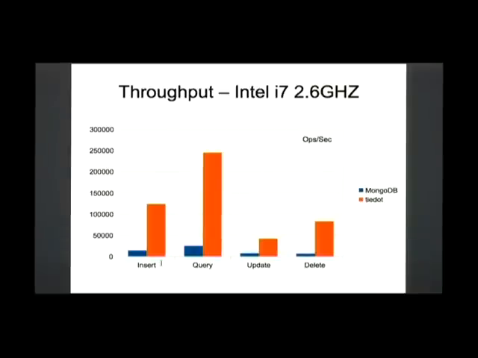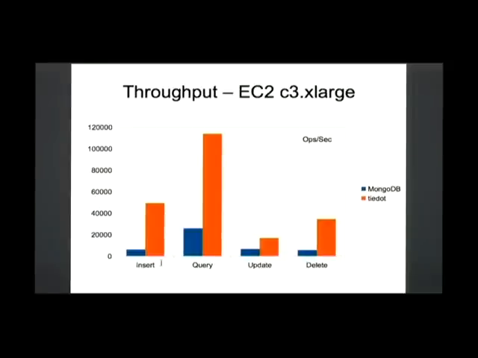Also, it supports parallel I/O operations on different partitions in a collection, which makes it reasonably fast. We performed similar tests on an EC2 instance, and tiedot still pretty much wins.